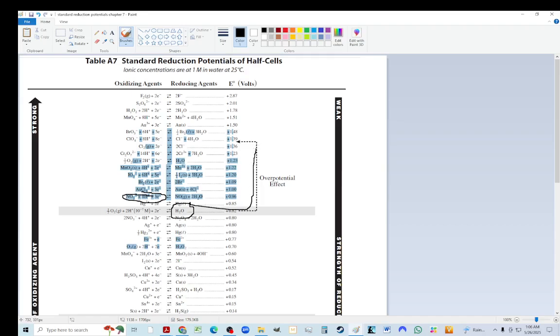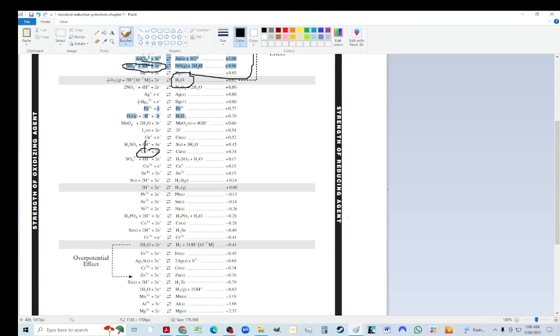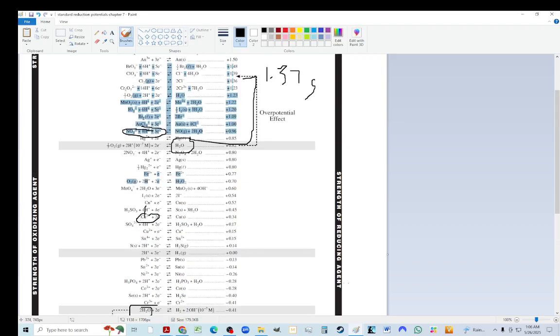You have to consider it's really up here at about 1.375. And then the copper 2+ is over here. That means copper is going to react. You also have to consider the other water further down here, so it's potentially water and water is going to be electrolyzed.